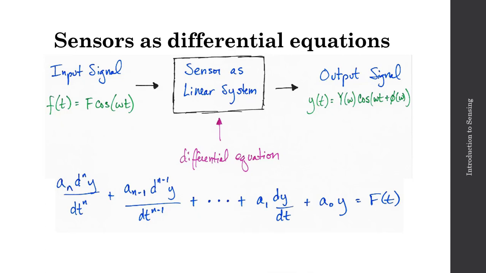So as we've written here, a sub n times the nth derivative plus all the way up to a naught times y, those are all equal to f of t. So the order of my system will be described by the highest order of n, the highest derivative that I need to accurately describe the performance of my system. So n will be my system order.